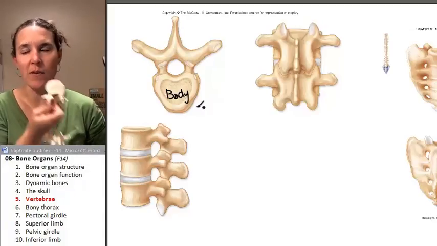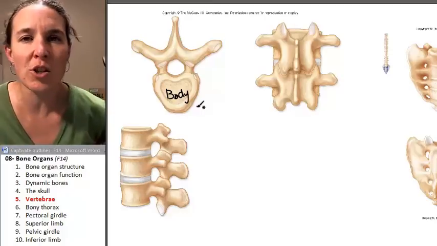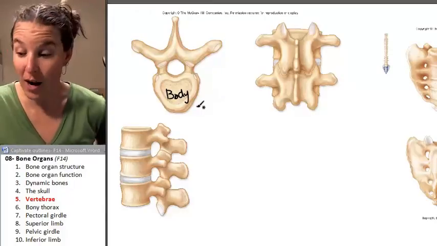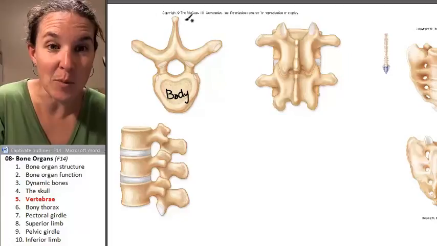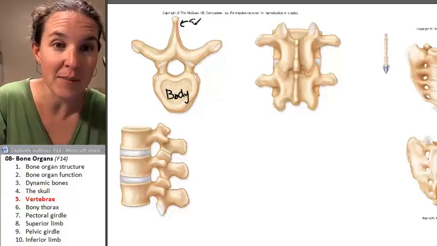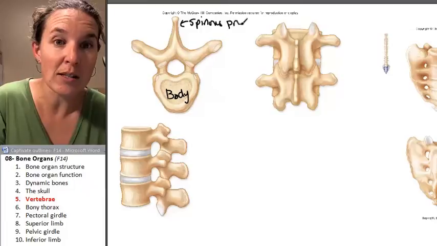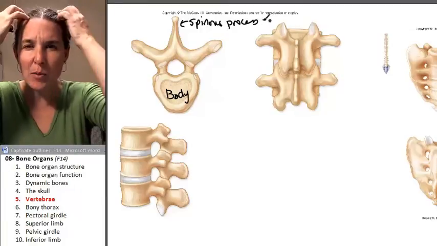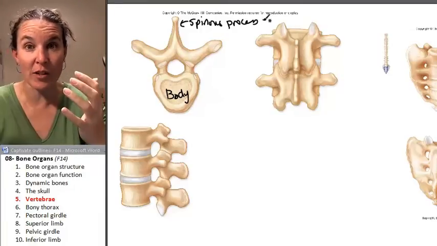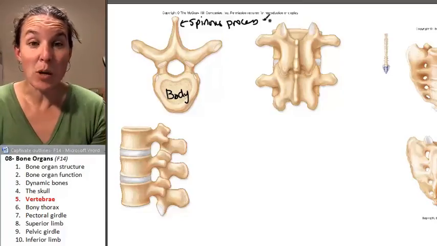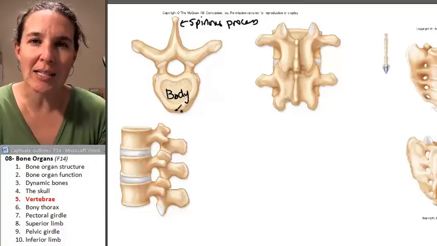Now if you feel your spine, you are actually feeling the spinous process. That's this thing right here, spinous process. So is the spinous process anterior or posterior? It's posterior, which means the body is anterior.